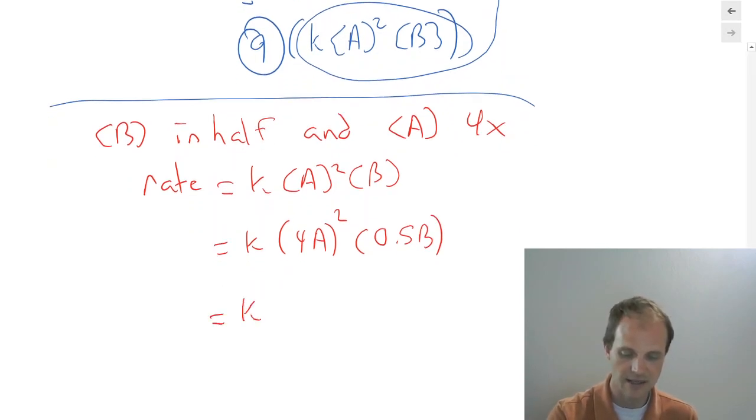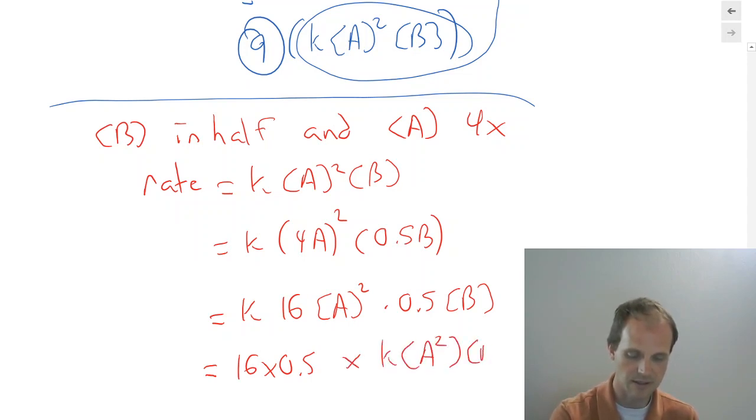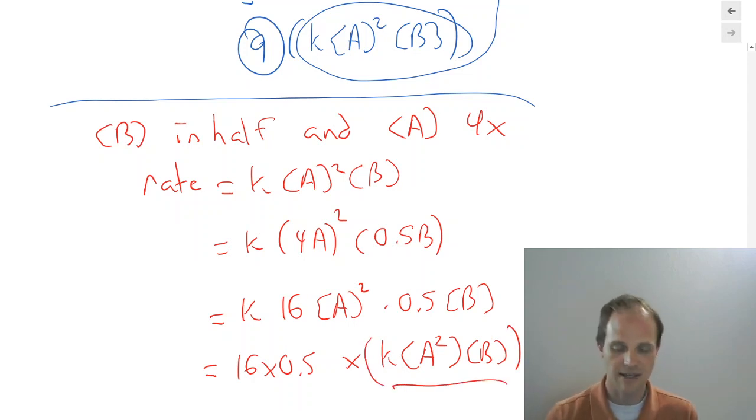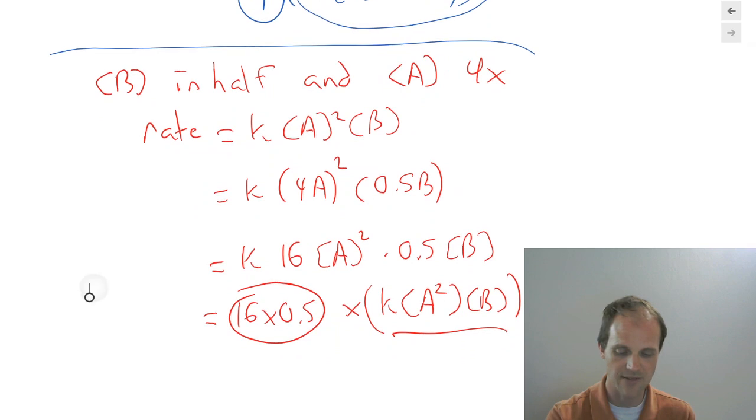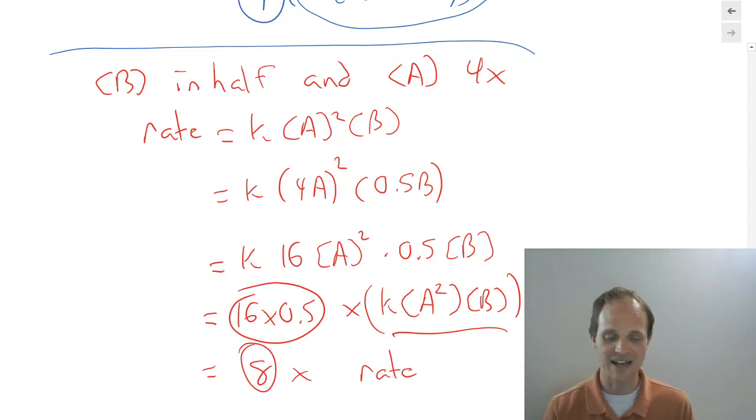And so I get k, 4 squared is 16, times 0.5 B. I move things up to the front. I get 16 times 0.5 times k A squared B. Look, that is my initial rate. And so I have 16 times 0.5 of that. I have 8 times my initial rate. Okay, so when I take B in half and A 4 times, I get 8 times the rate.